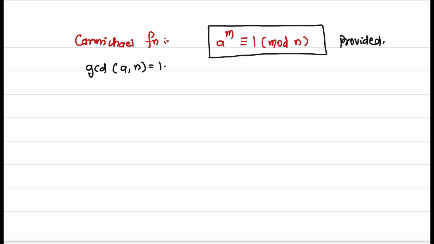Now, what have we got here? 100 is equal to 2 square into 5 square.